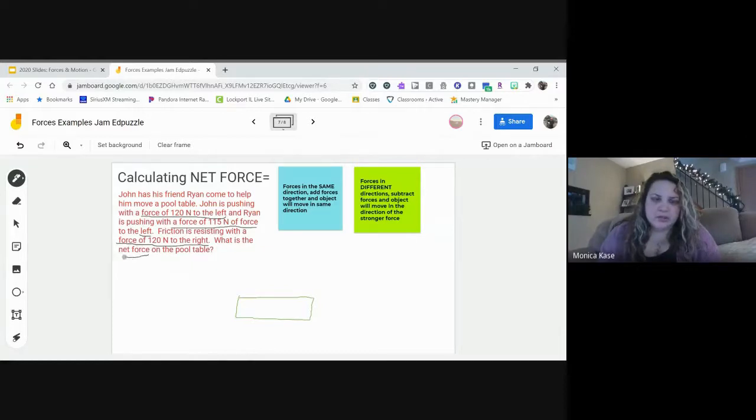All right, so let's mark those up on our picture that we're going to draw here. All right, so we've got 120 newtons to the left. Then we have another 115 newtons to the left.